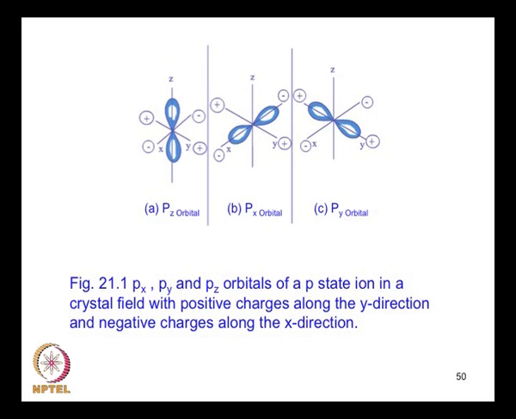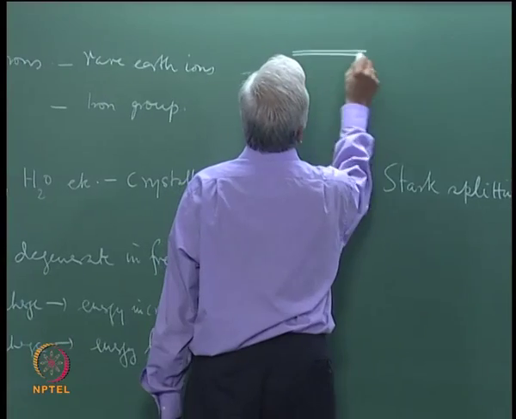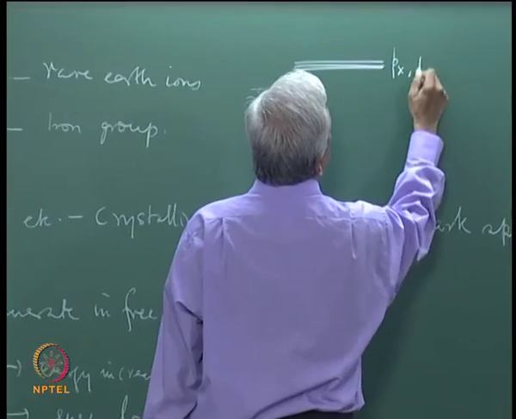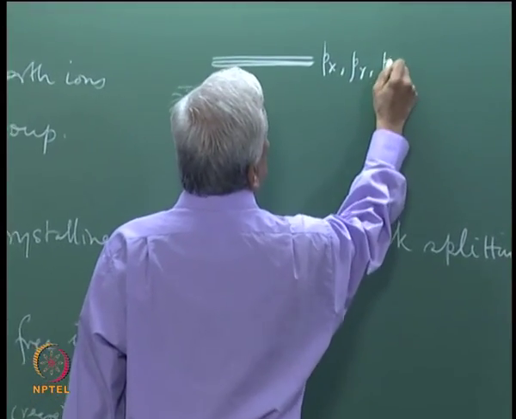So, to start with, the px, the py and the pz are all together in the free ion.